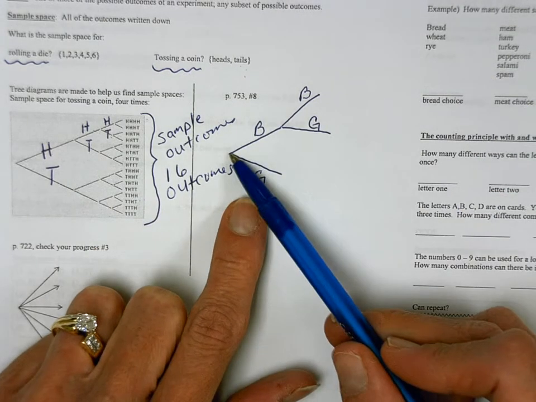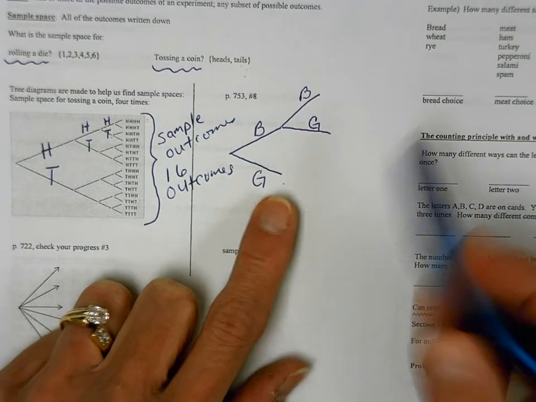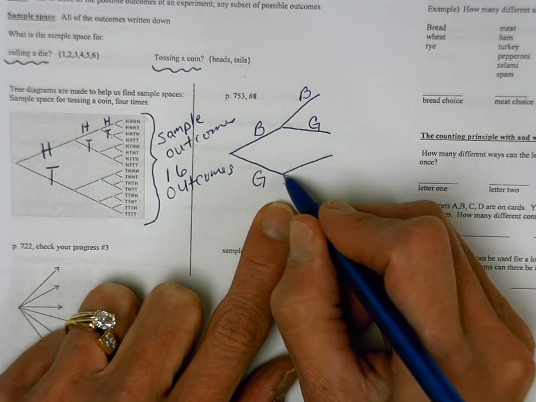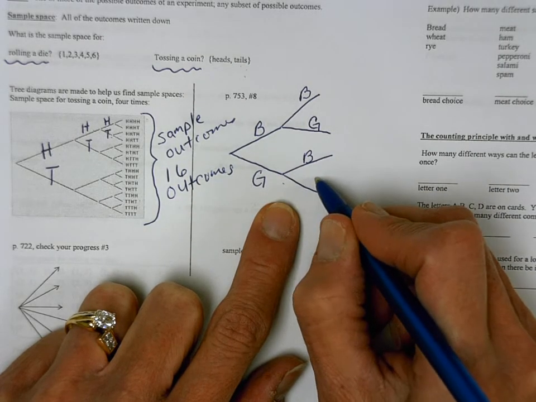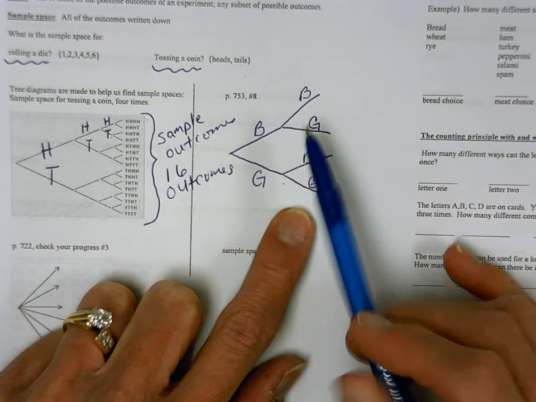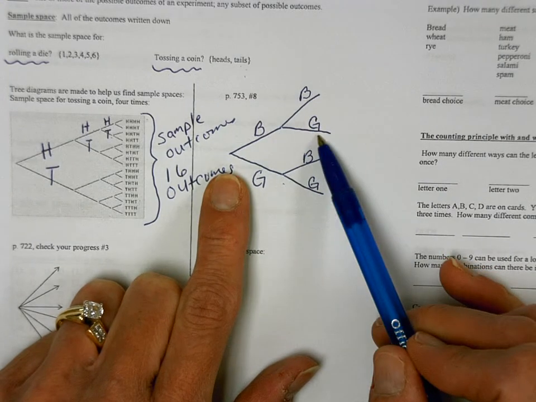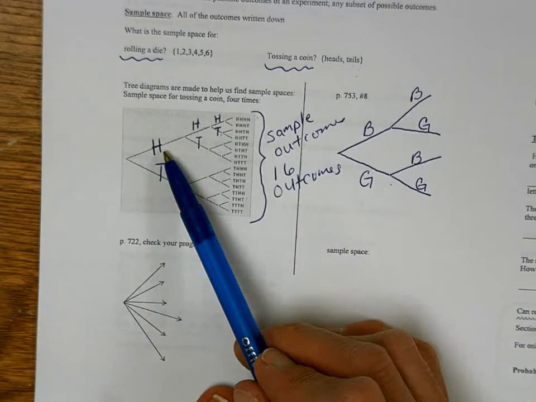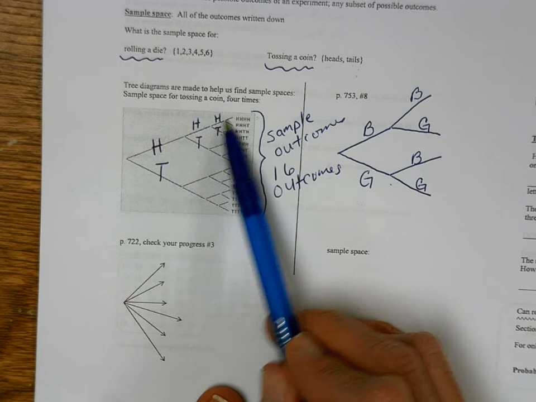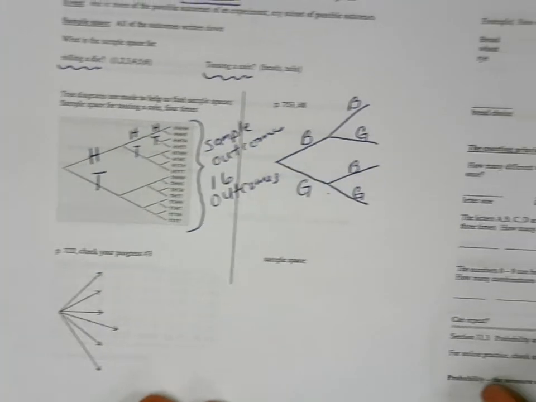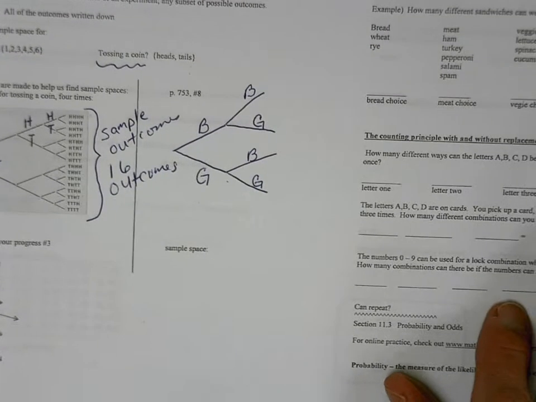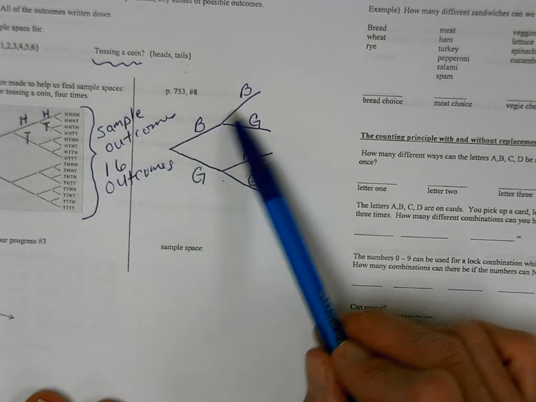Now maybe baby number 1 was a girl. Okay, then baby number 2 could be a boy or a girl. Now notice how my branches are connecting, and they were connecting over here. Make sure that your branches always connect. I've seen some really weird tree diagrams lately, so follow what I do, please.